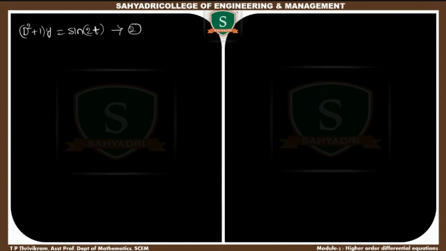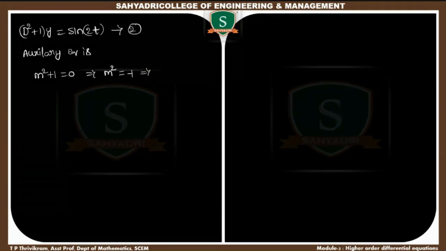It's as usual. The auxiliary equation will find: m square plus 1 equal to 0 implies m square equal to minus 1 implies m is equal to plus or minus root minus 1. Root minus 1 is nothing but i.